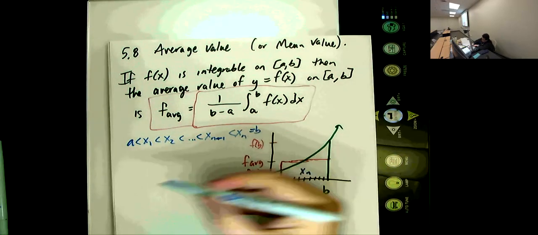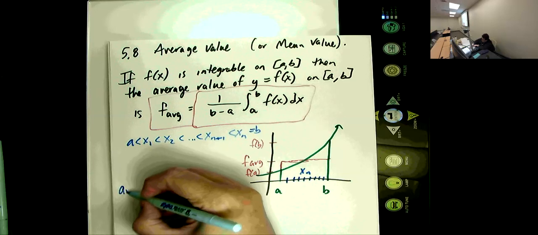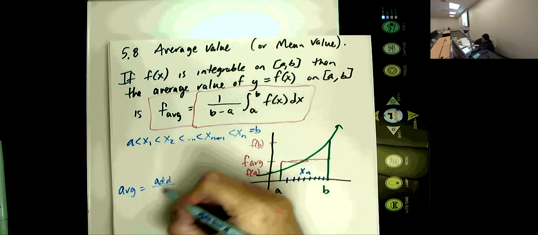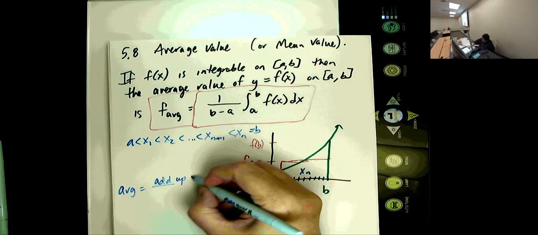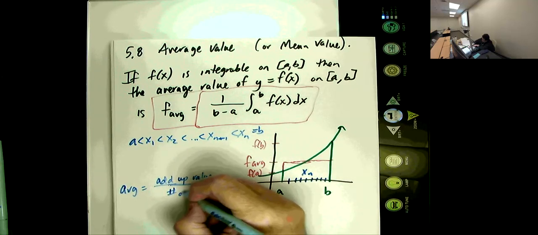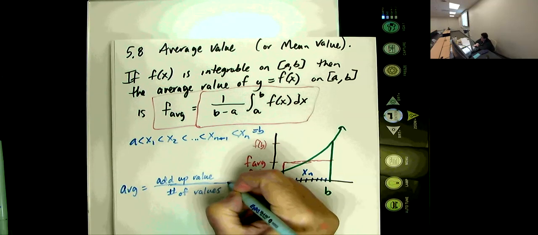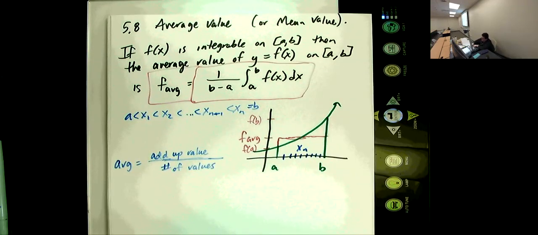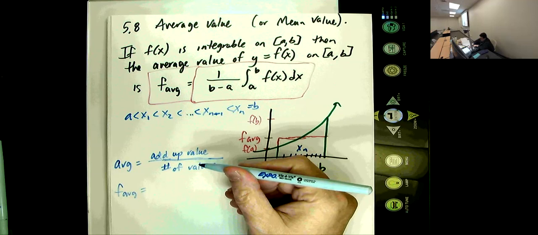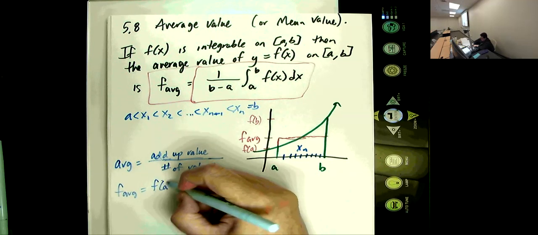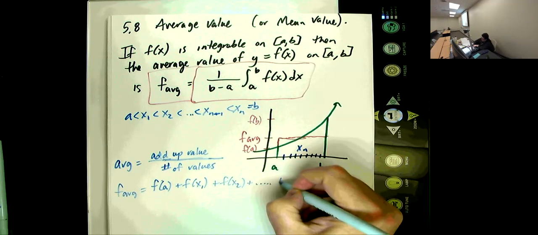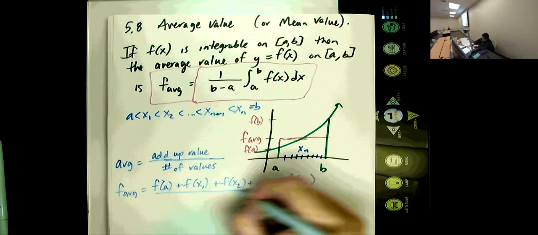So average value, you guys have seen this: add up the values over the total number of values. That's a general way of describing average or mean. In this case, f average is f of a plus f of x sub 1 plus f of x sub 2 plus dot dot dot plus f of x sub n, over n, because we broke it up into n regions.